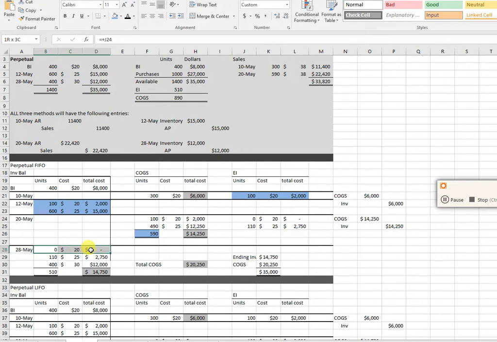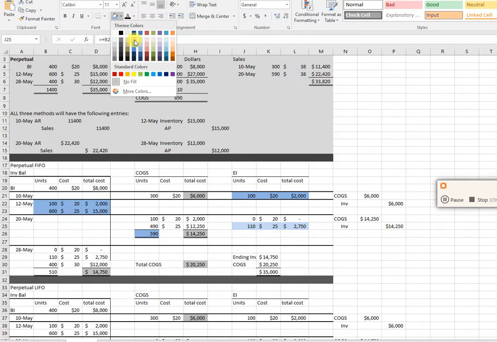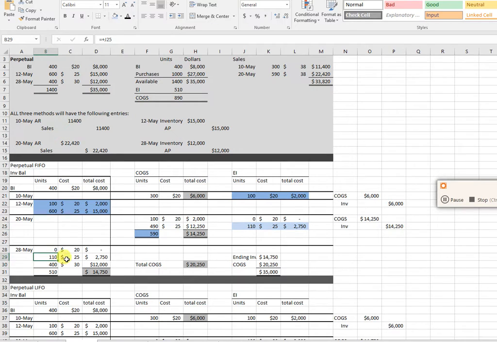Again, you can skip doing that line. Once I exhaust it, I put it in for the Excel. So I have my 110 at 25, and then I have an additional 400 at 30. So I add those up. My ending inventory is 14,750.